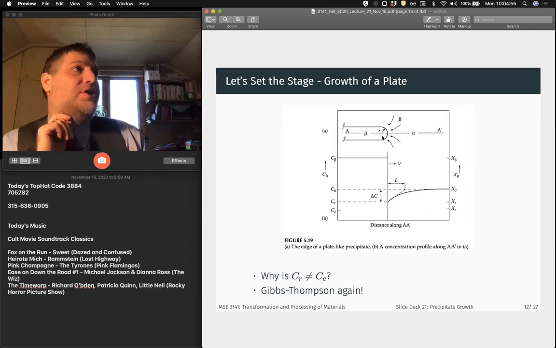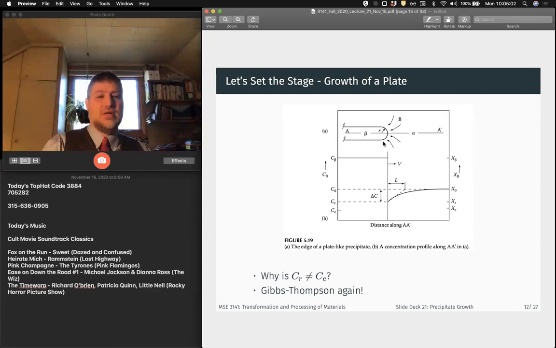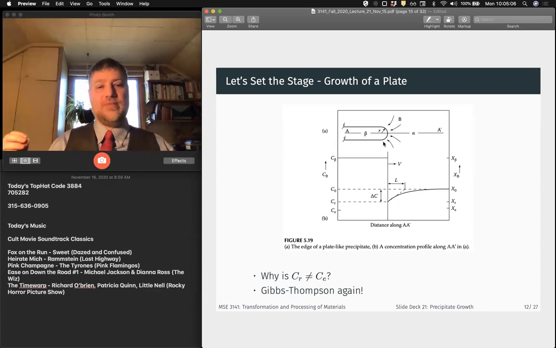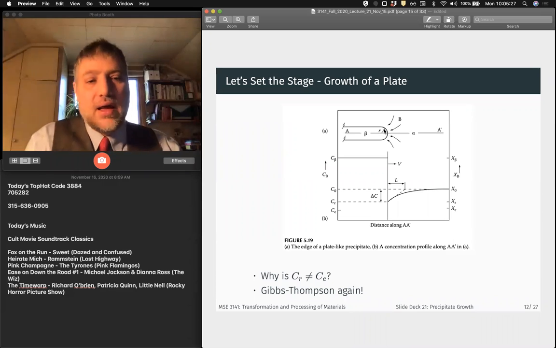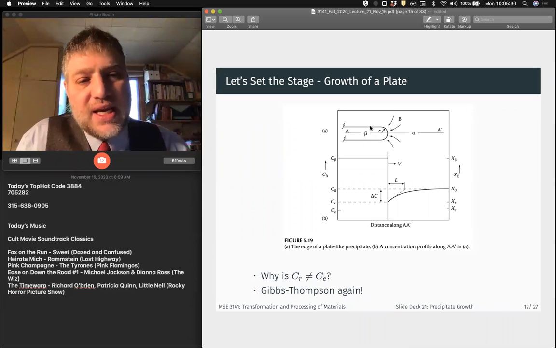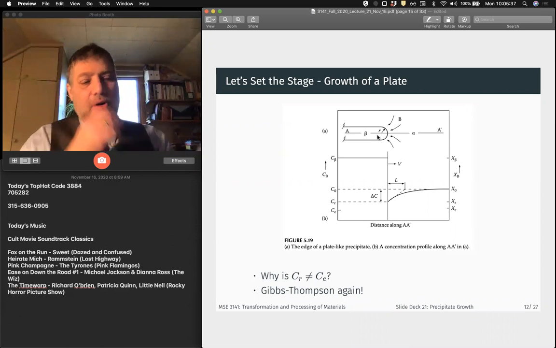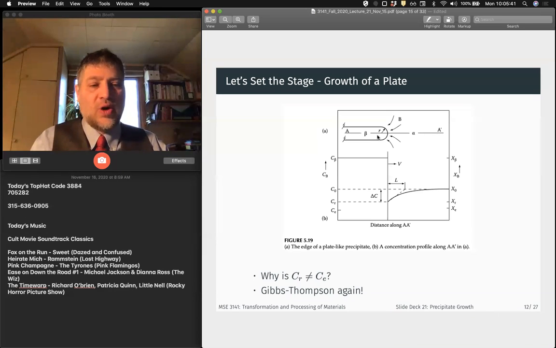But if we only nucleate 1/100th, then each particle is going to grow to 100 times the volume. And if these interfaces are coherent and don't grow slowly in this direction, assuming we keep a constant width of this particle, if our nucleation is 1/100th, each particle is also going to be 100 times longer.